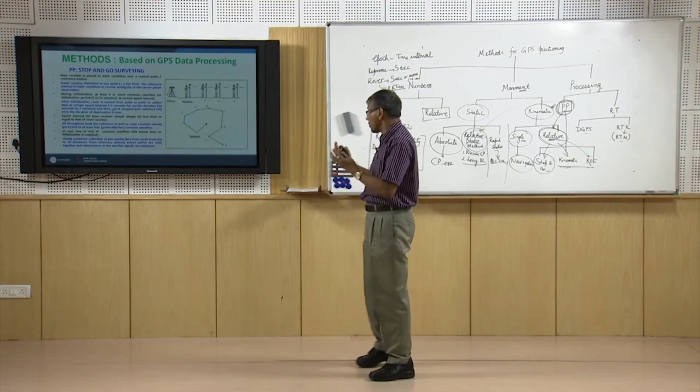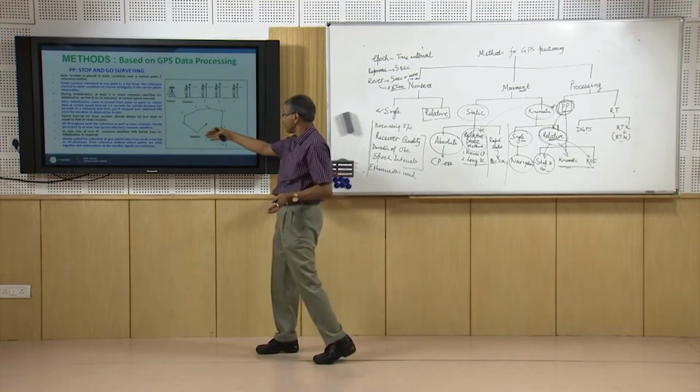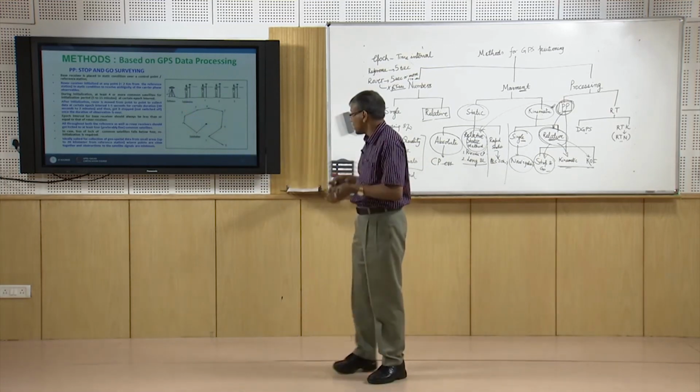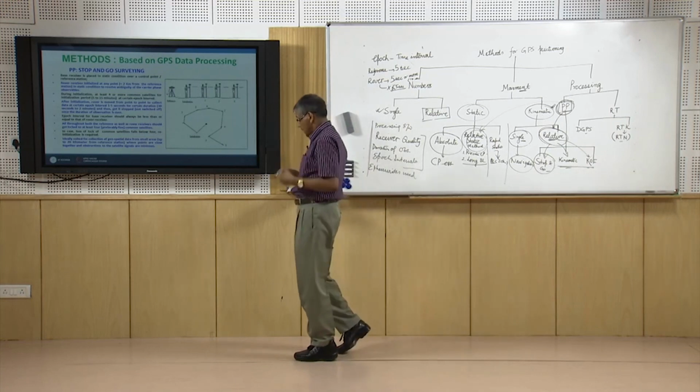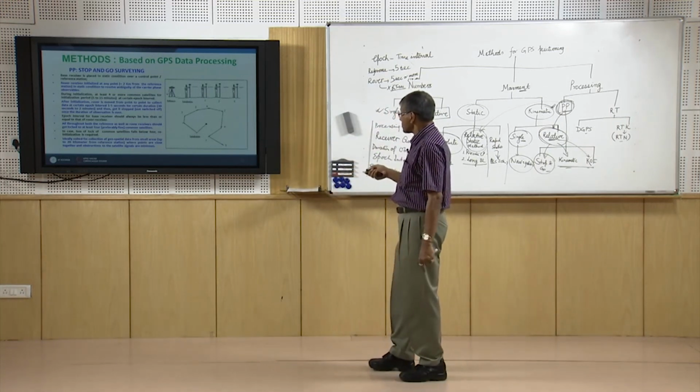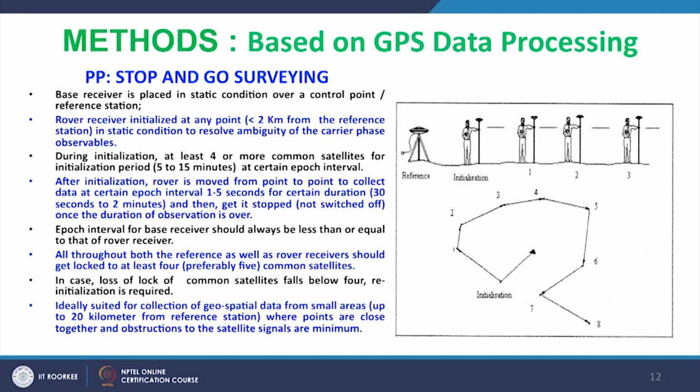That is stop and go. Go means it moves from one point to another, and during stopping it takes the observation at the station.